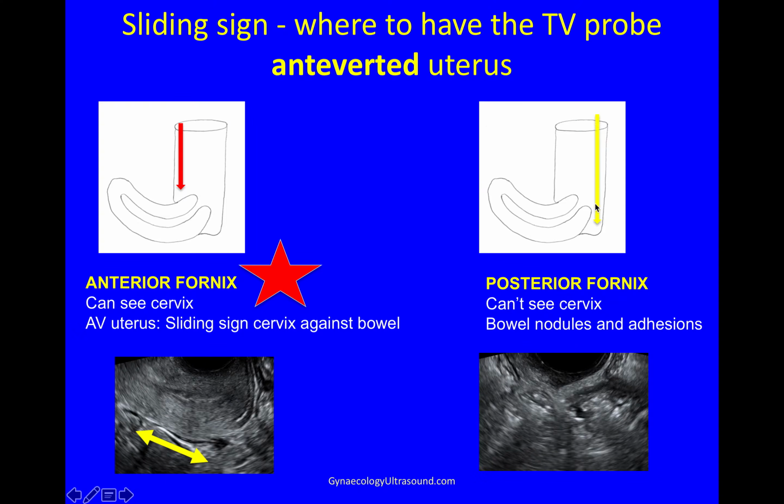If you put your probe in the posterior fornix, you won't be able to see the cervix because it's pushed over that way, but this is a very good way to look for bowel nodules and adhesions, but more of that later. So for the sliding sign in an anteverted uterus, the probe needs to be in the anterior fornix to look for mobility at the back of the cervix.